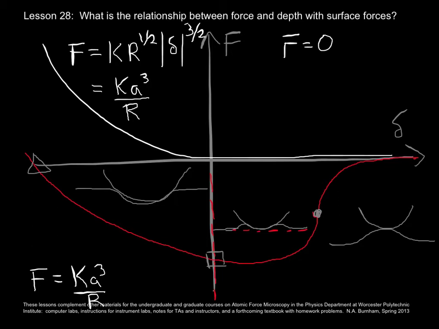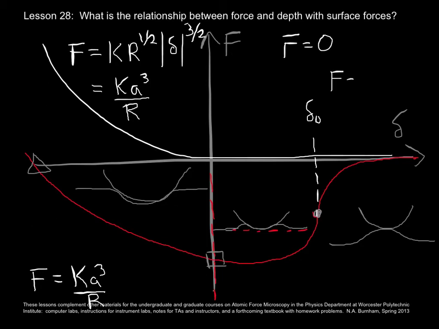And another easy part is to say that up to this point, where the first atoms touch each other, we'll call that delta zero. To the right of this point, we have attractive forces only.